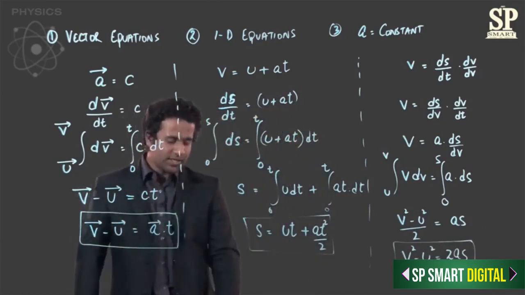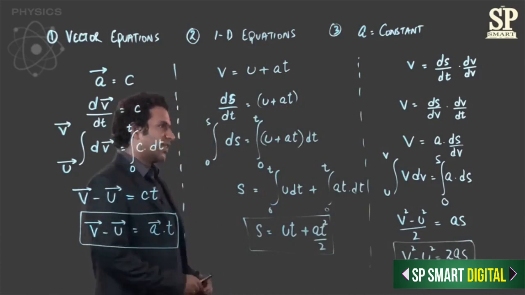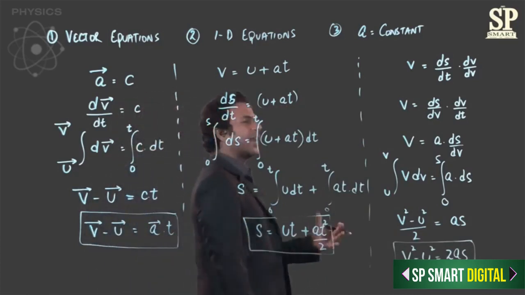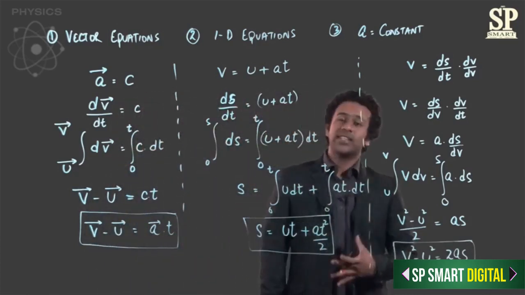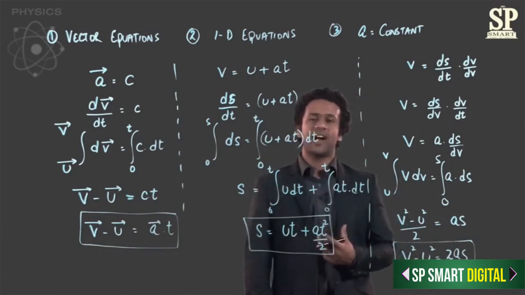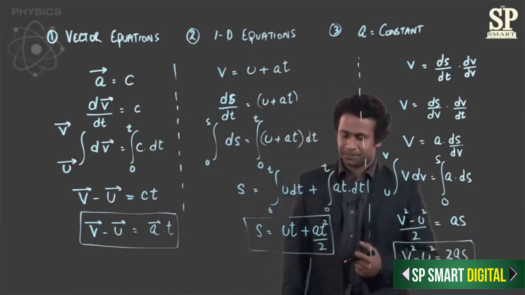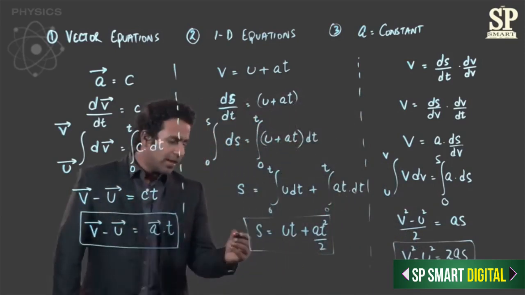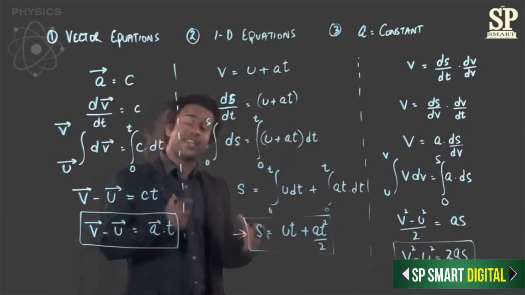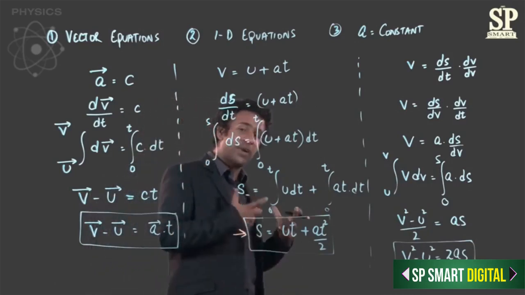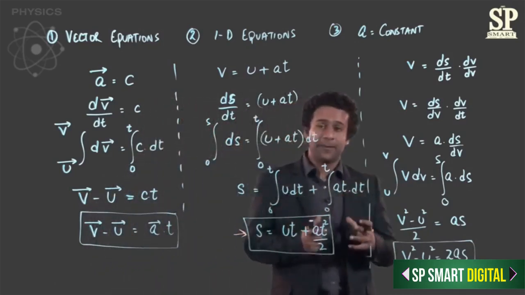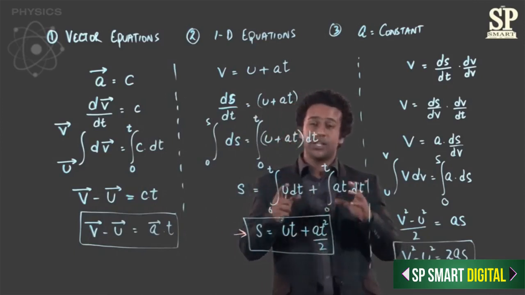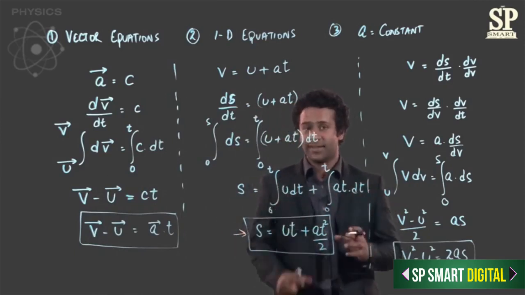In addition to these, you would often see another equation, which is the equation that gives you the distance covered in the nth second. Now, if you look at the second equation, it gives you the displacement in time t, that is the duration or the interval of t seconds.